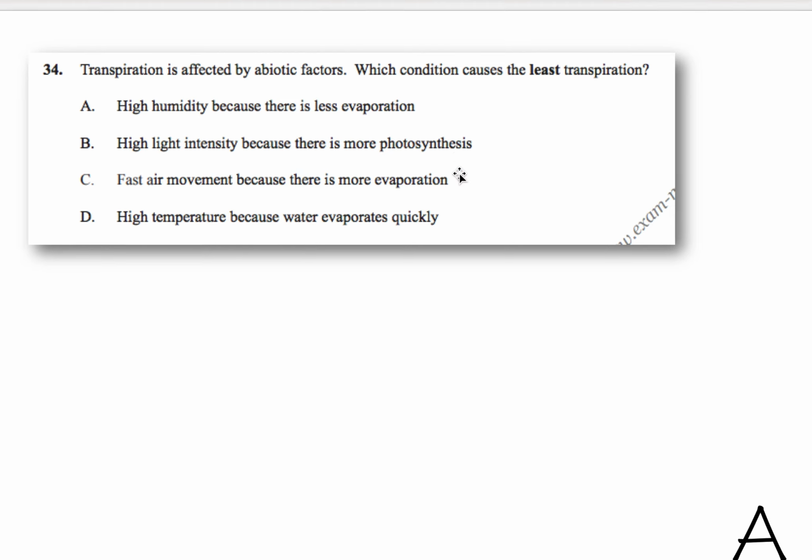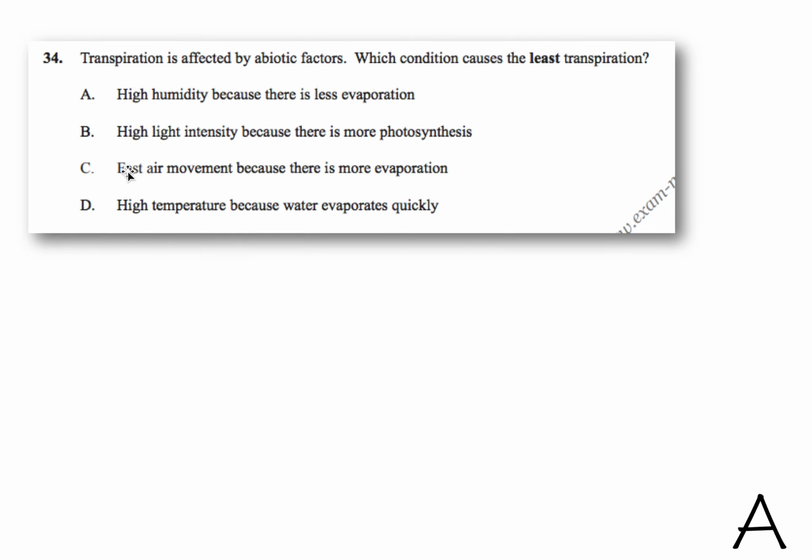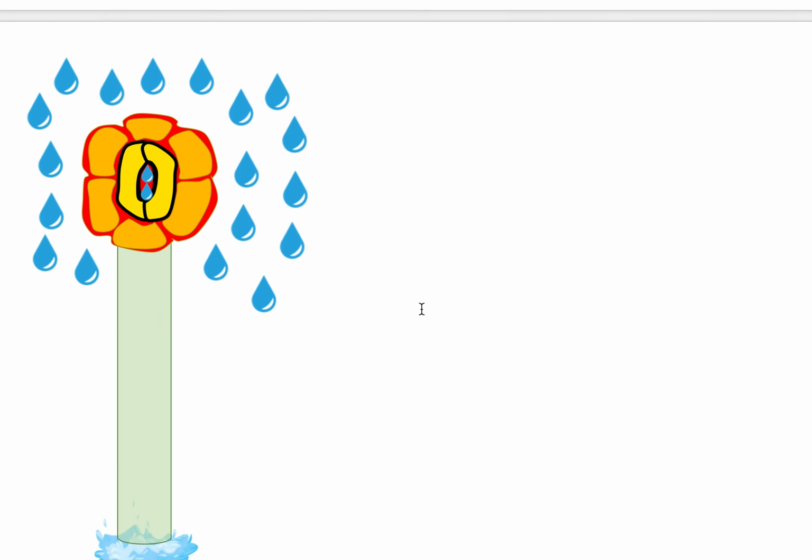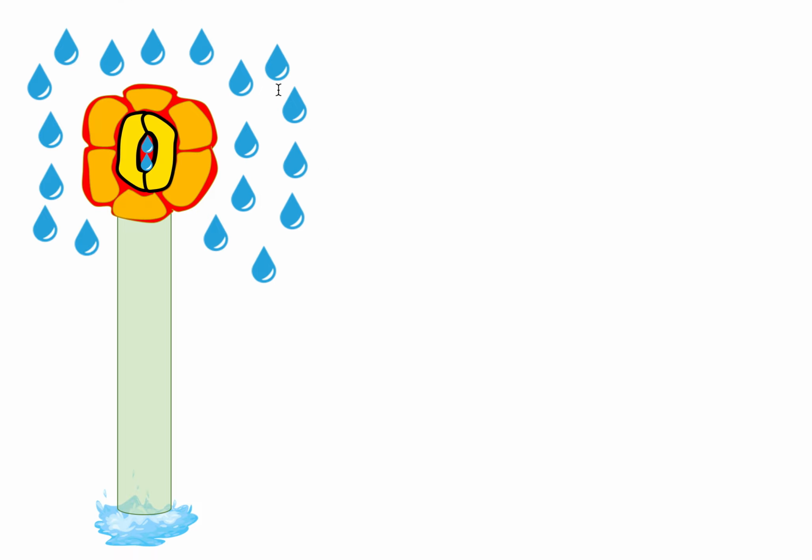not least. Okay, now C is saying fast air movement because there is more evaporation. Okay, so what happens is, with fast air movement, say there's a big wind, wind will basically move all these air droplets that are in the air surrounding the plant away. So it's essentially going to move a lot of these airdrops away. The wind is going to push it away. And guess what?